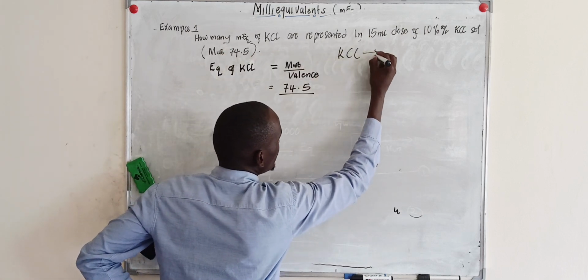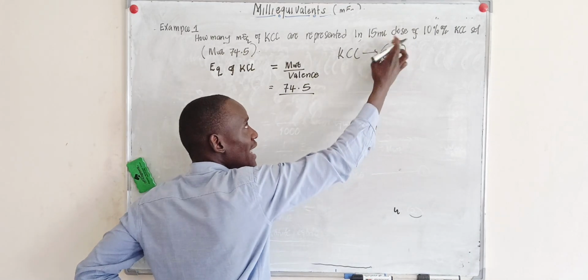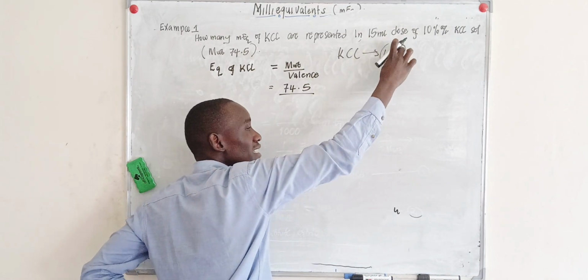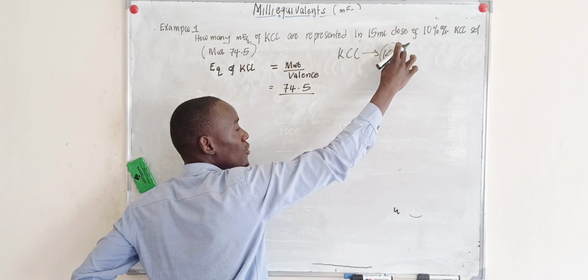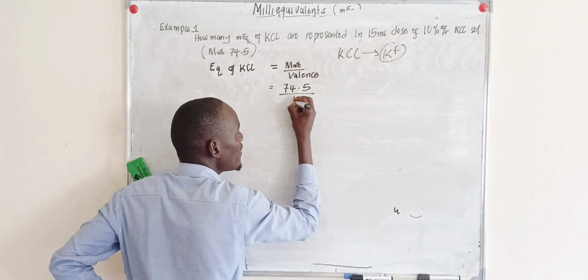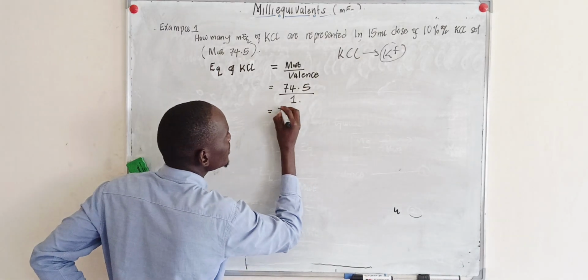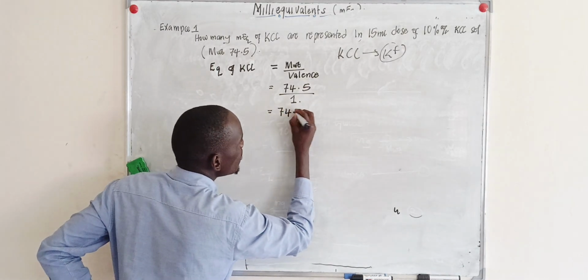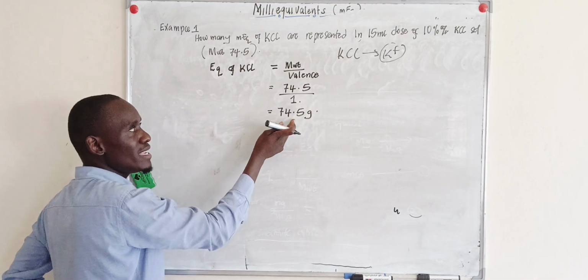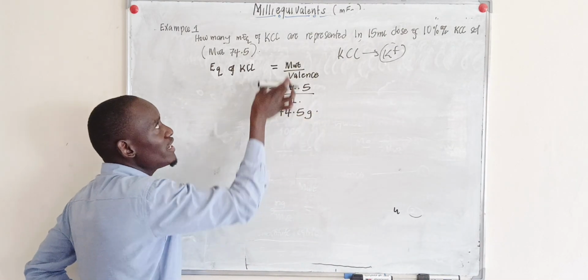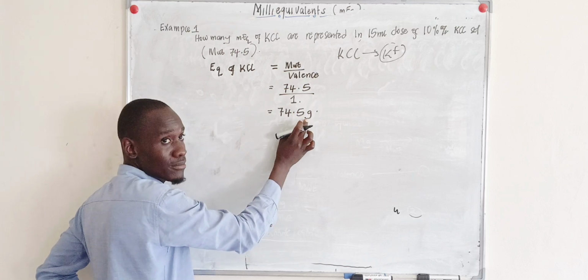We know potassium chloride has a valence of 1. The cation in that compound determines the valence of the compound. So in this case, we have a valence of 1. So when we compute this, we shall have 74.5 grams. So that means the equivalent weight of potassium chloride is 74.5 grams.